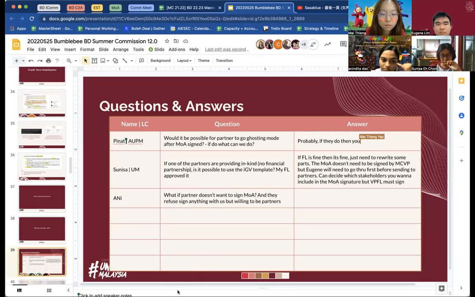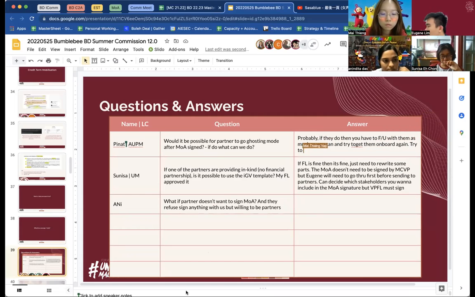Try your best to get them on board again, and to communicate about what actually happened. But let's say we already agreed that they're going to pay this amount, but they don't want to pay and never give you any replies. Then the first thing you should do is consult MCVPs. Then they'll tell you what to do next. I would say that's the best step you can take.